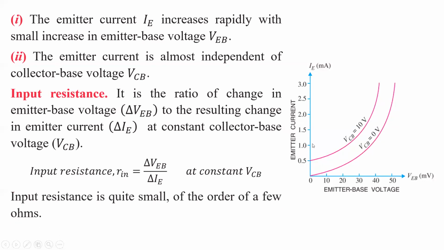It shows that the input resistance of the transistor when it is connected in CB mode is observed to be very small, of the order of very few ohms. So input resistance is small when the transistor is connected in CB mode. That is the information you can get from the input characteristics.